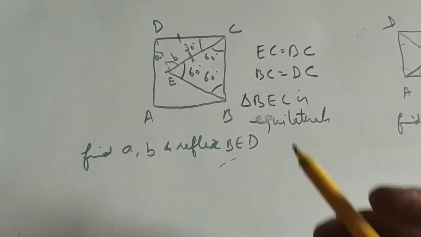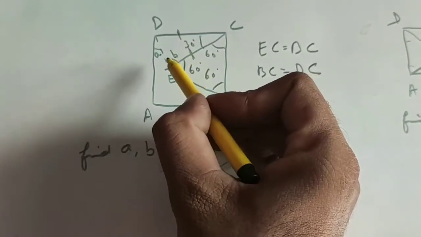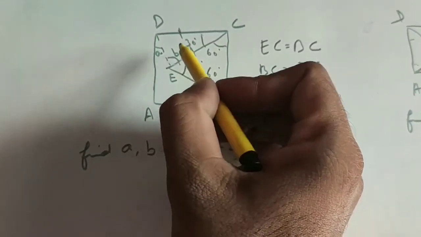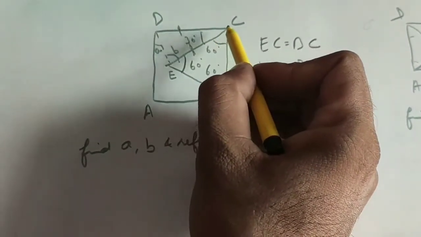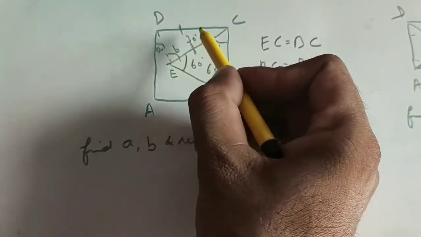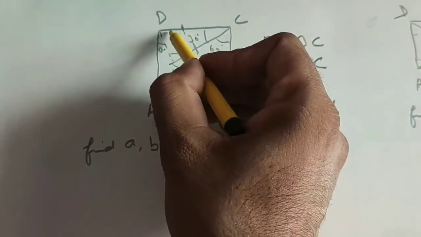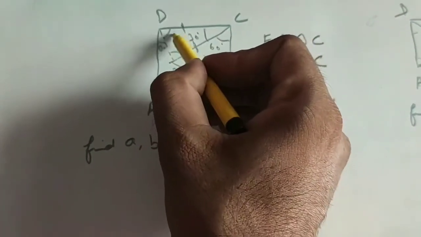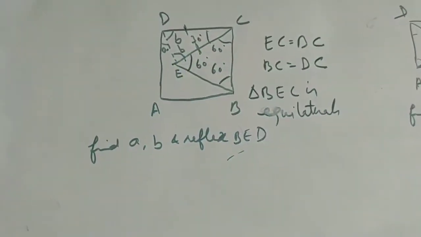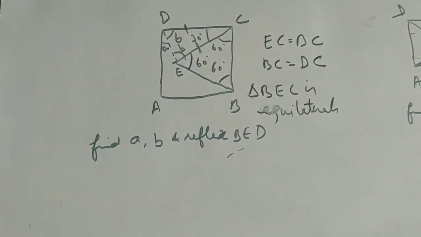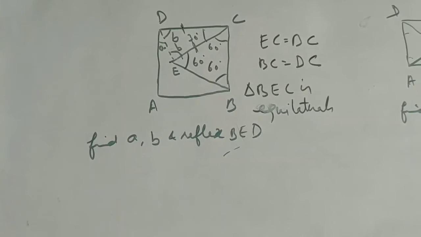So if these two are equal and this angle is B, so DCE is an isosceles triangle. So this angle EDC will also be equal to B.